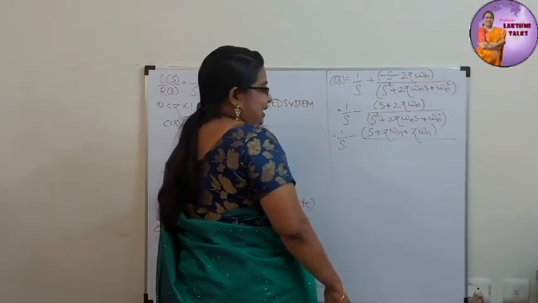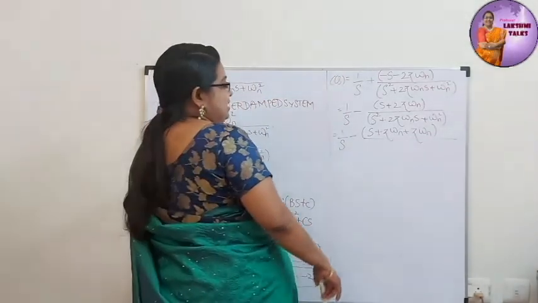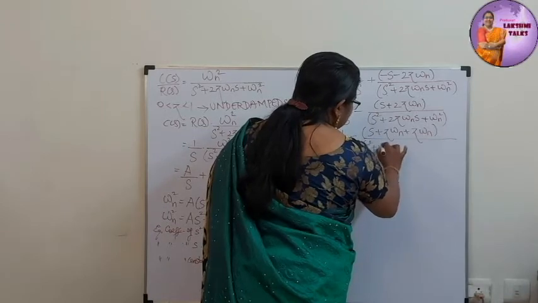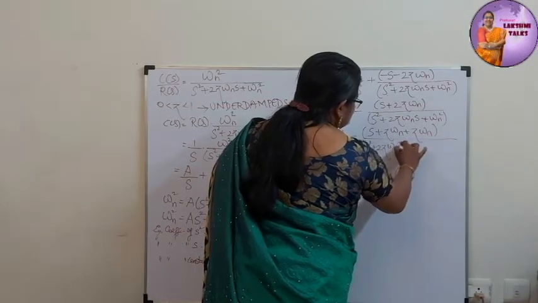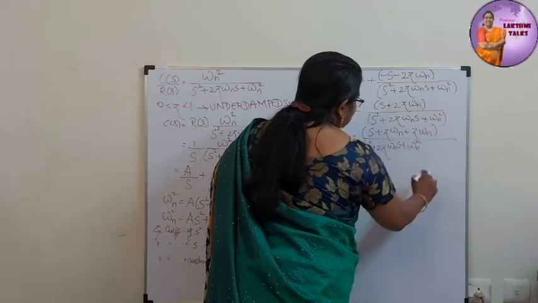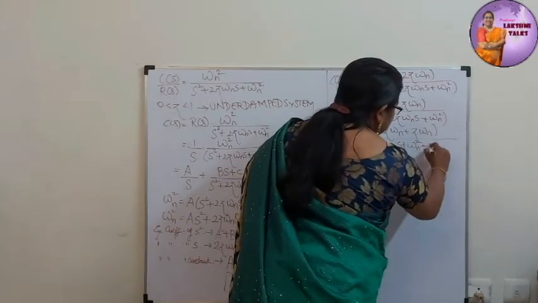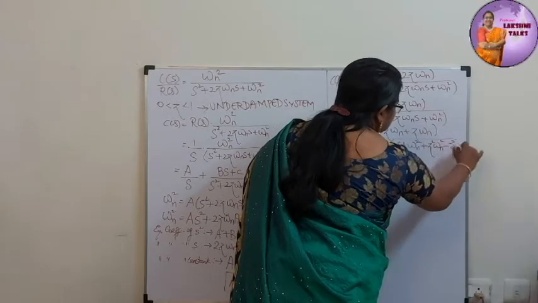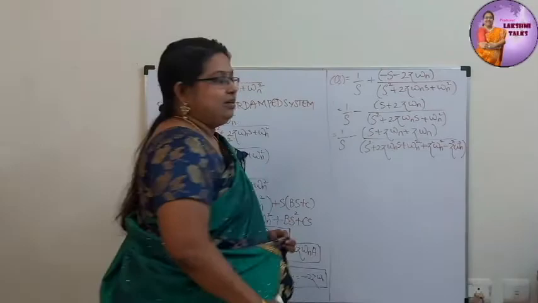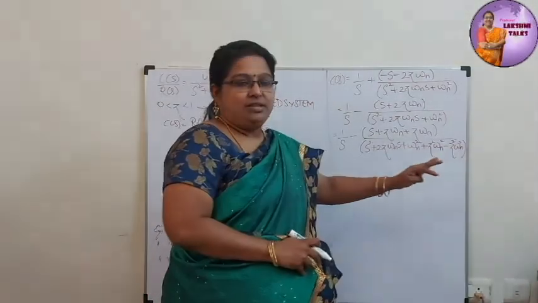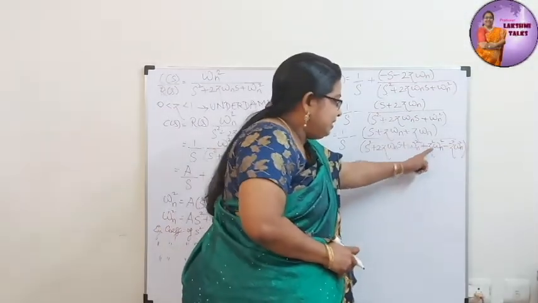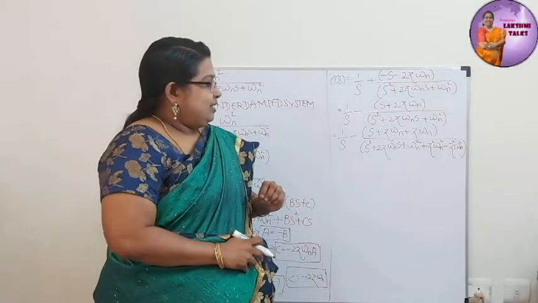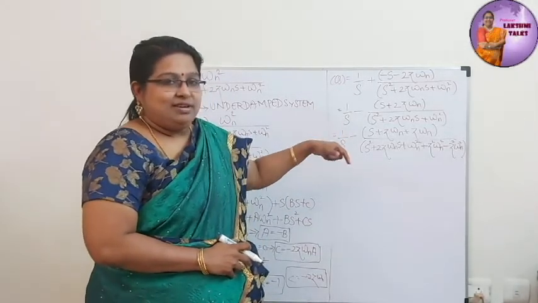In the denominator, we can add and subtract zeta square omega n square: S square plus 2 zeta omega n s plus omega n square plus zeta square omega n square minus zeta square omega n square. Will this change the denominator? This won't change the denominator because we have just added and subtracted. Later on we'll see why we have done it like this.